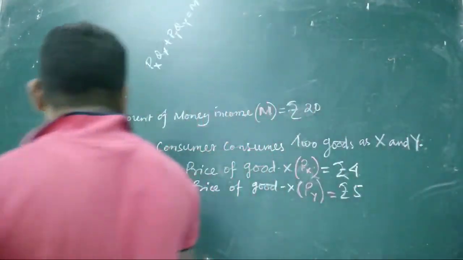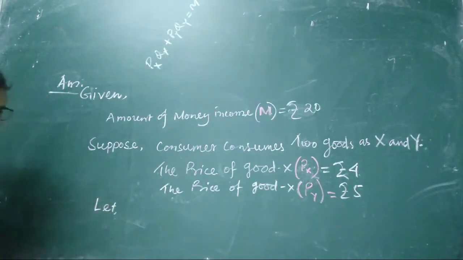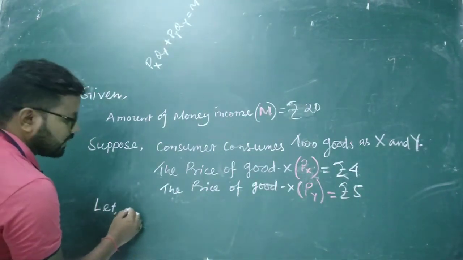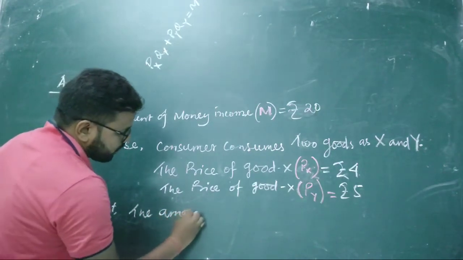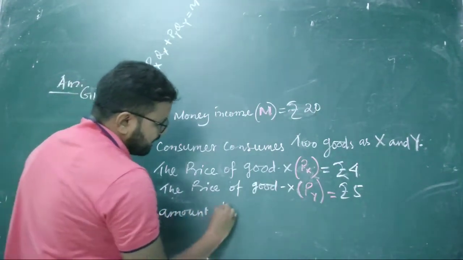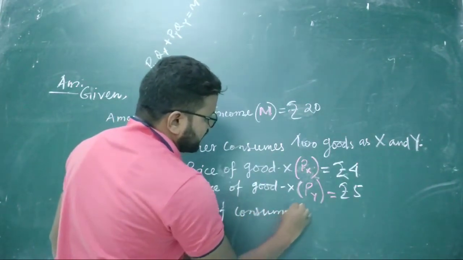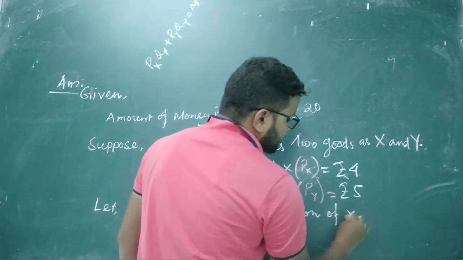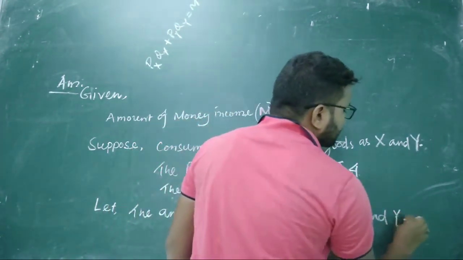So you have to let the amount of consumption of good X and good Y. X means good 1 and Y means good 2.